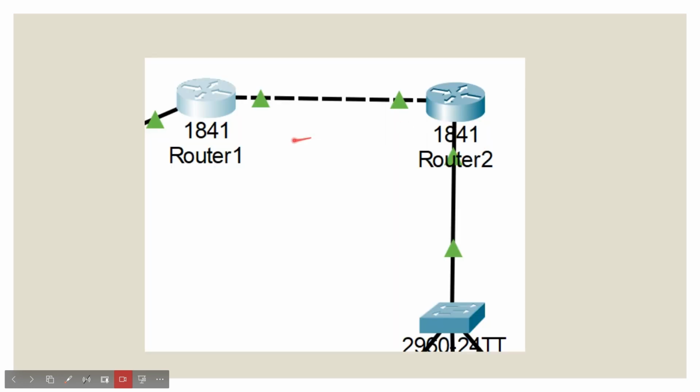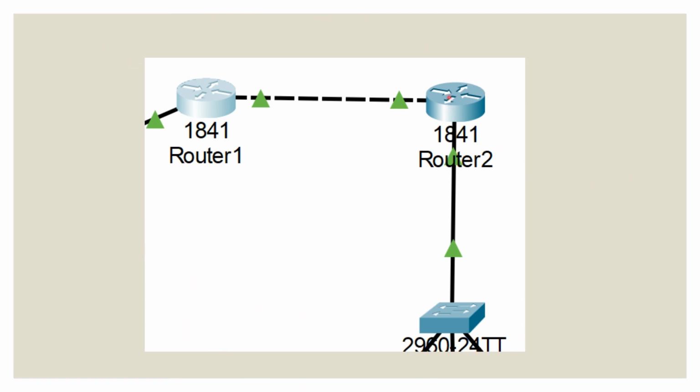So here we have a schematic diagram of a very simple wide area network where we have two routers connected to each other. And we have one router that is connected to a switch, which is pretty much depicting what we talk about when we concern a wide area network, or layer 3 within the OSI model.